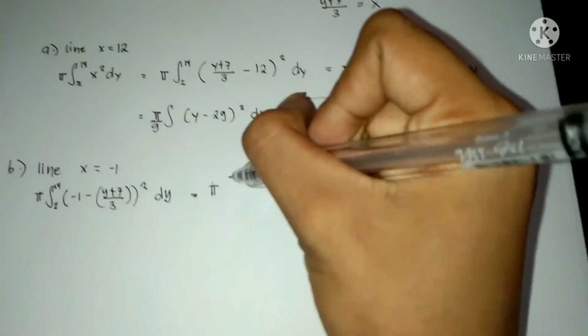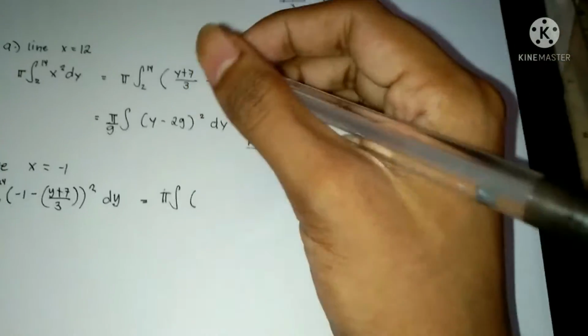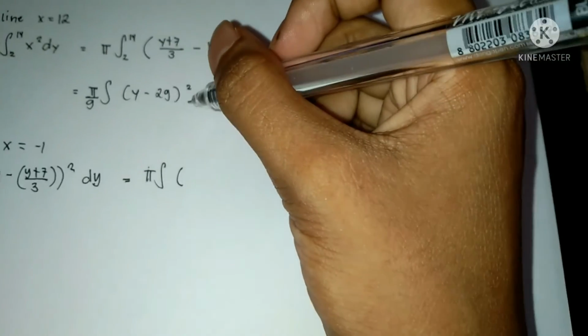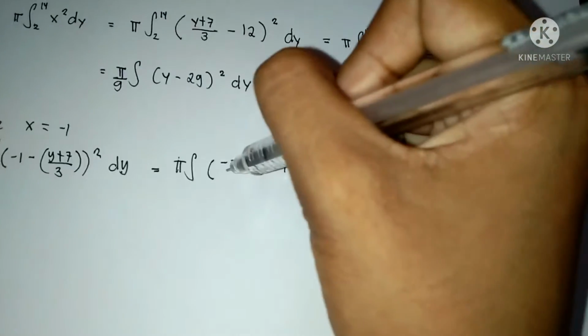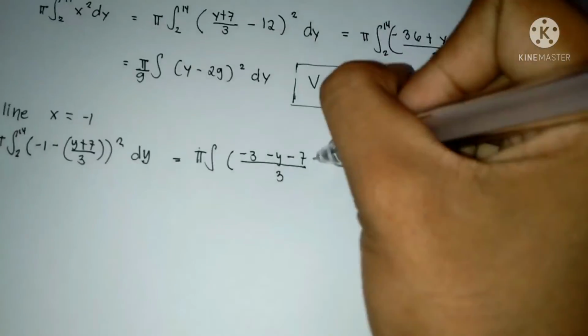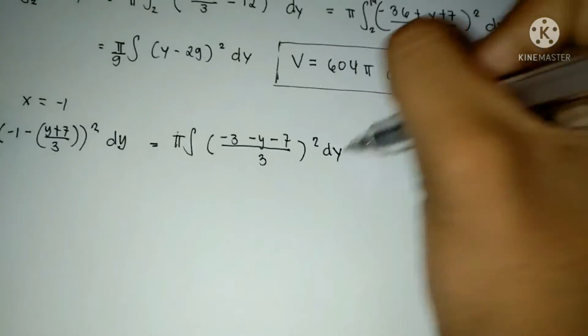So pi, the integral of negative 3 minus y minus 7 over 3, squared dy.